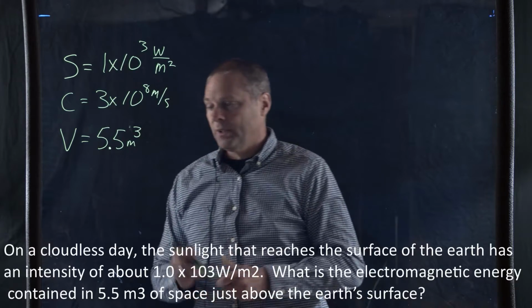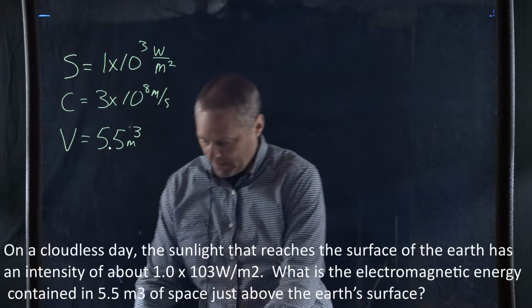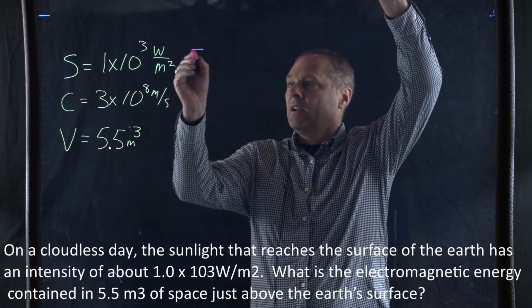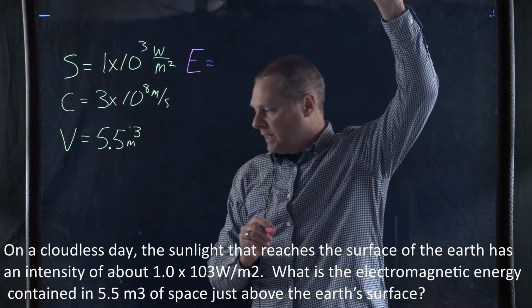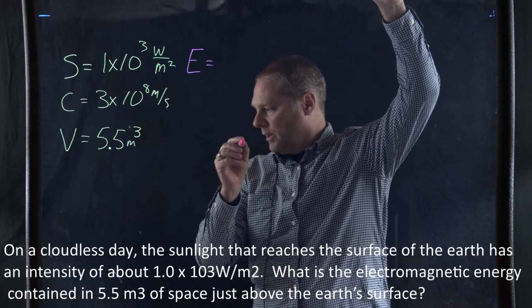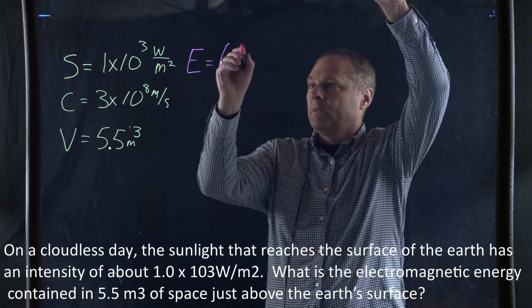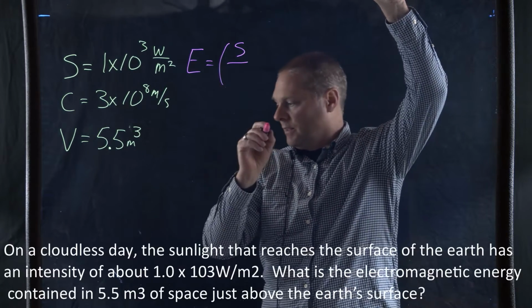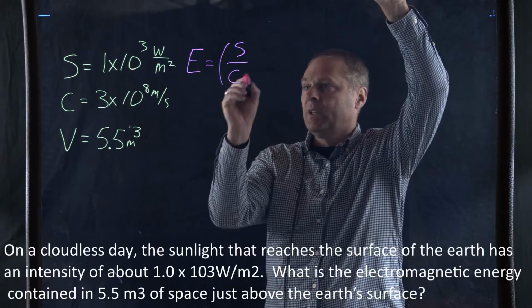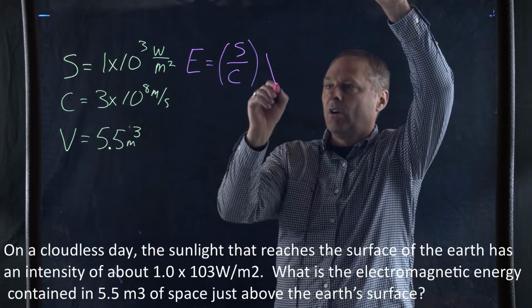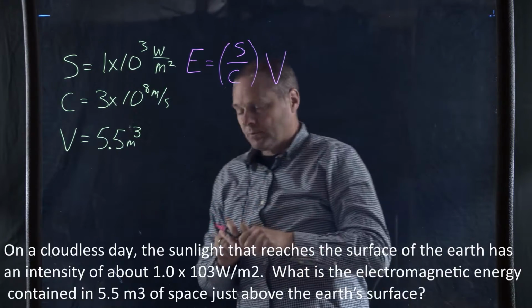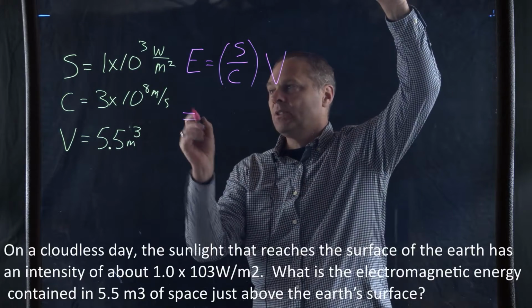The equation we're going to use is energy is equal to our intensity divided by our speed of light times our volume. And so we just simply start plugging into this.